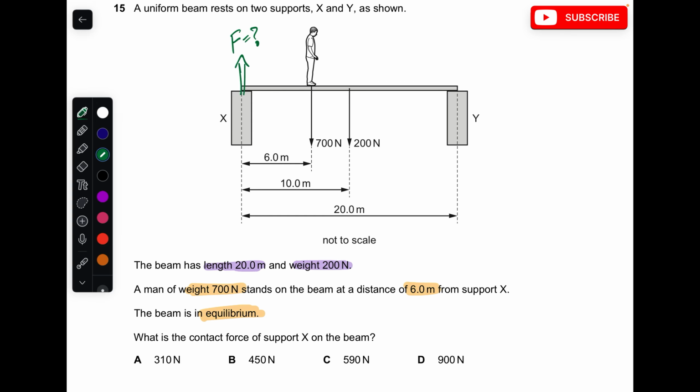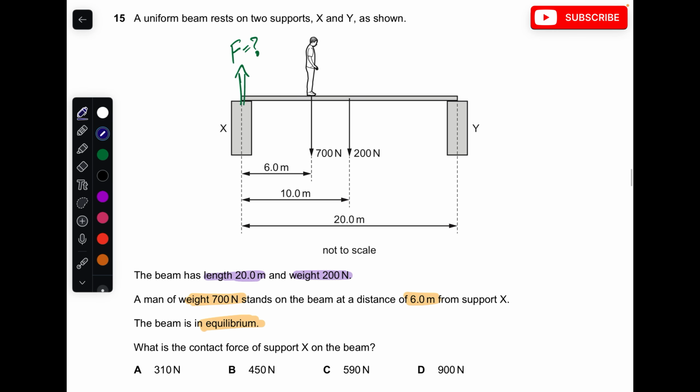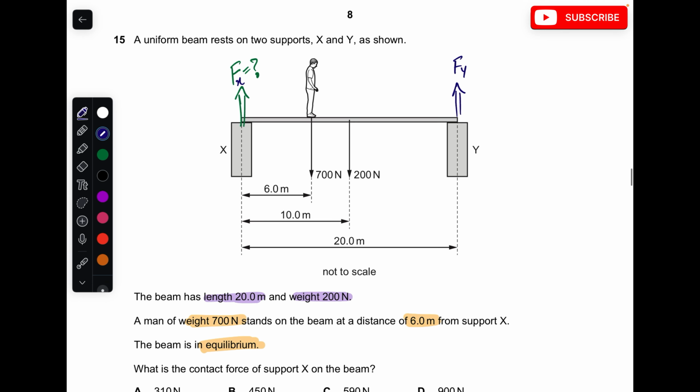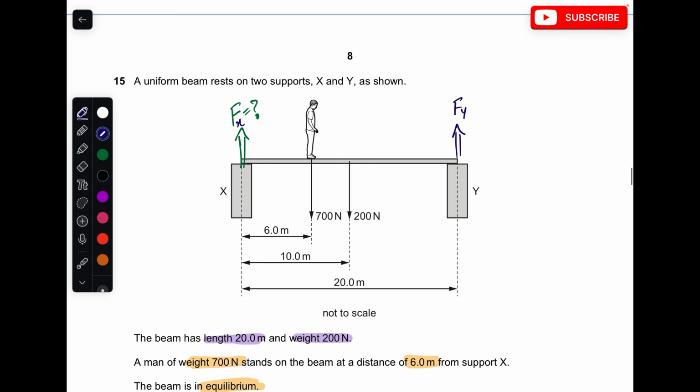Okay. And what we know, how many forces are acting there? One force acting on X, the other contact force will be acting on Y. Let's call it Fx, call it Fy. One thing we know for sure, that the sum of upward forces will be equal to the sum of downward forces.